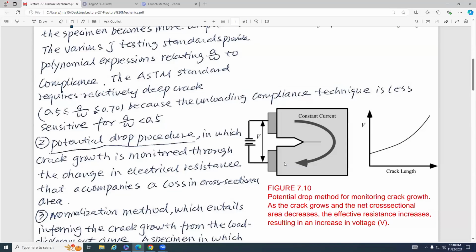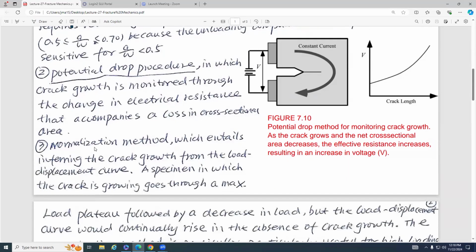So the third technique is normalization, and it infers the crack growth from the load displacement curve.